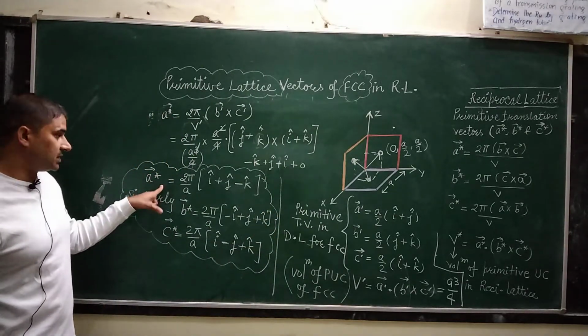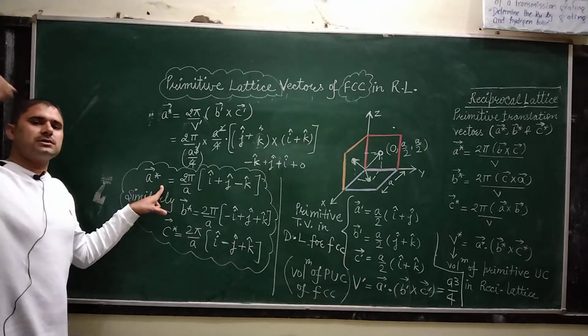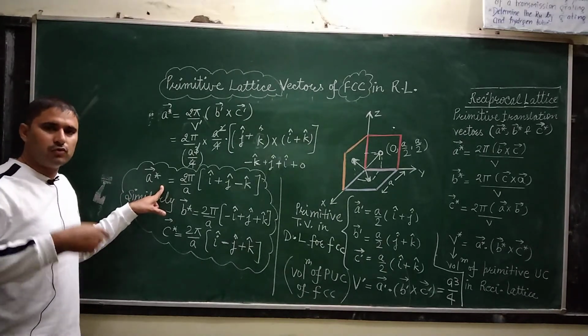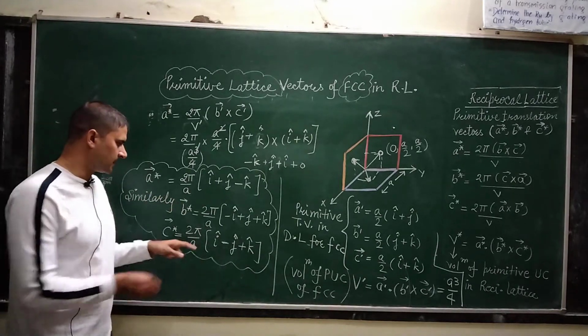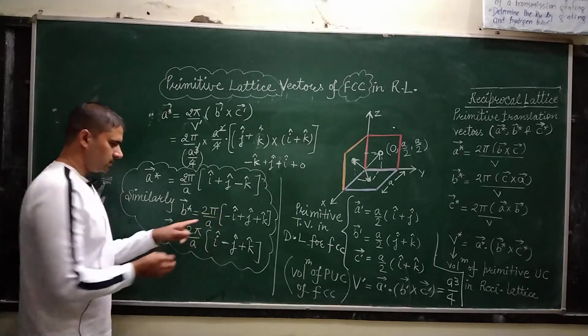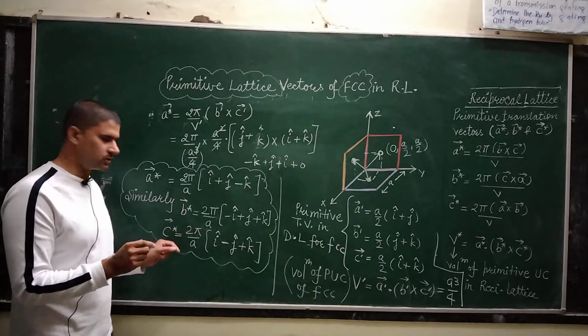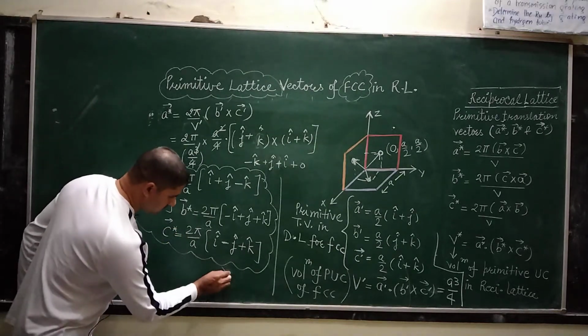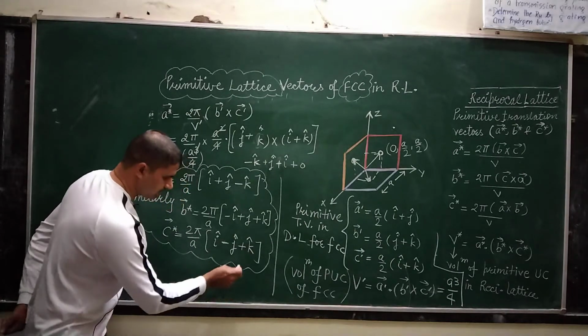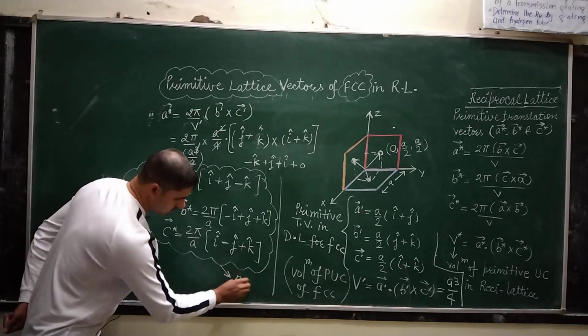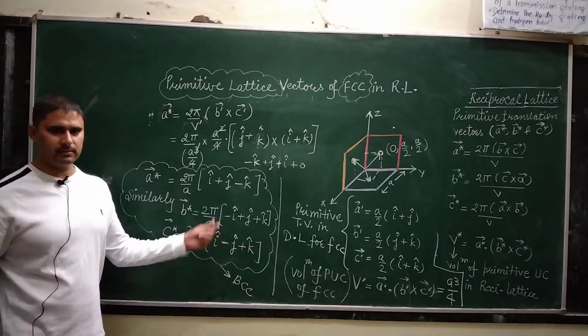And if you compare the primitive translation vectors of BCC in direct lattice, these are similar to them, but here the magnitude is different. Okay class, so these are the primitive translation vectors for BCC of different magnitude.